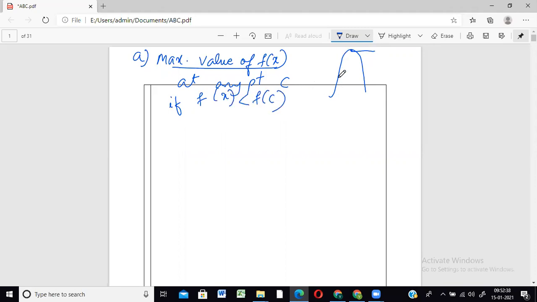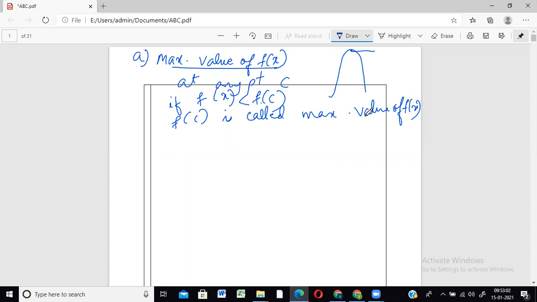At all the other places, the value of f of c is the greatest, and everywhere else f of x is always lesser than f of c. Then this value f of c is called the maximum value of f of x.